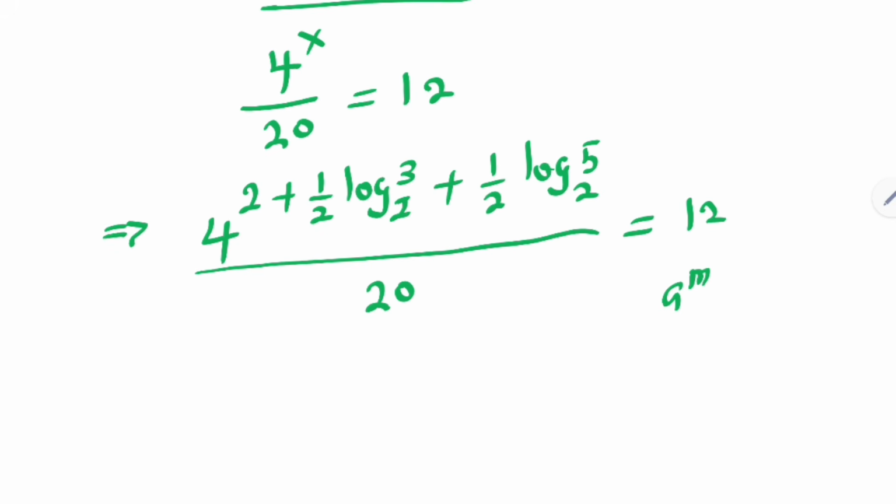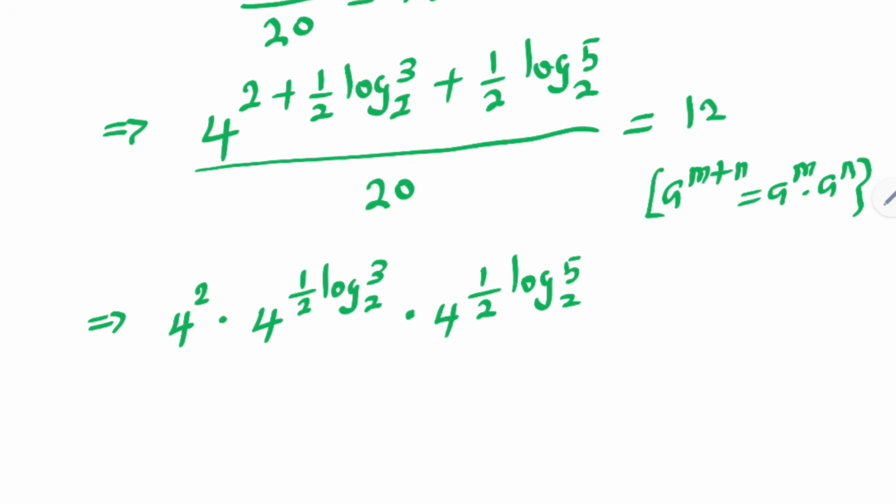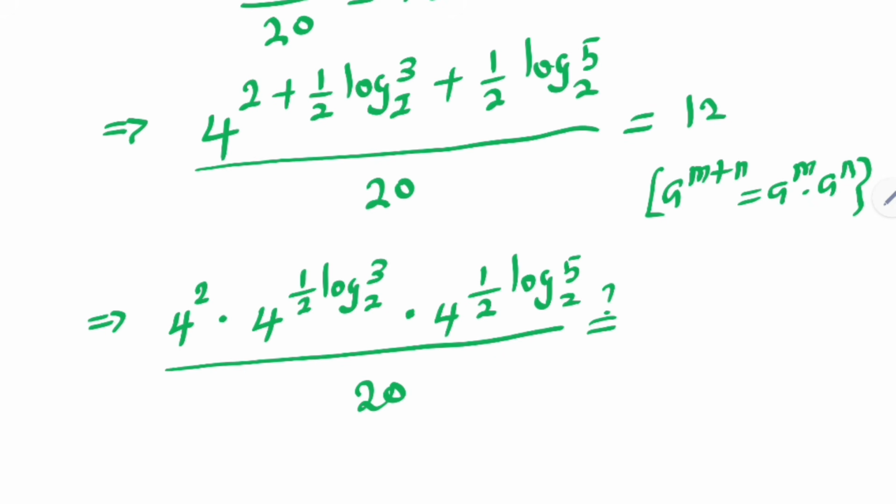A raised to power m plus n is equal to a raised to power m multiplied by a raised to power n. The numerator can be written as 4 square multiplied by 4 raised to power 1 over 2 log 3 base 2 multiplied by 4 raised to power 1 over 2 log 5 base 2. Then divided by 20 must be equal to 12.